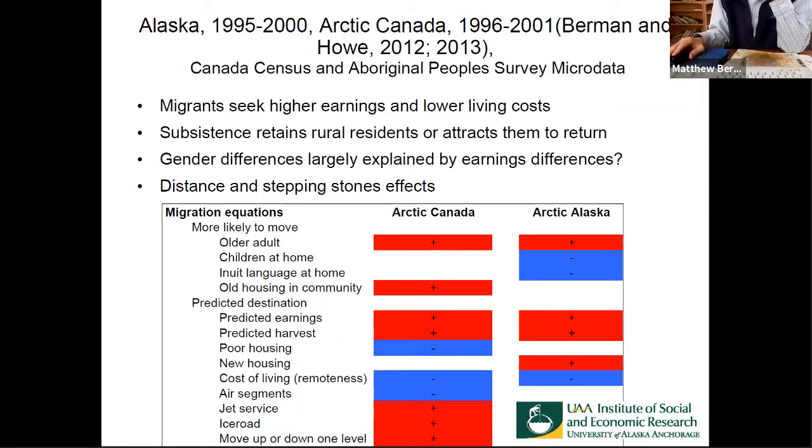Of course, predicted earnings are important, and their predicted harvest, and I'll talk about where the harvest comes from in a minute, because it's not in the census, obviously. But we also noticed that housing and cost of living were impediments. So people would not go to a place that had higher cost of living and lousy housing.